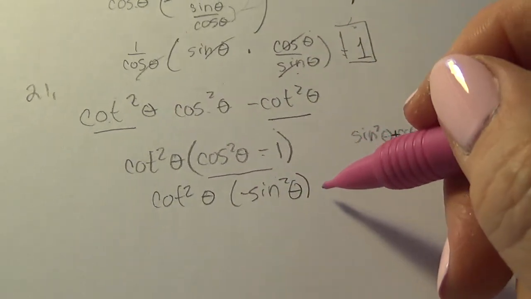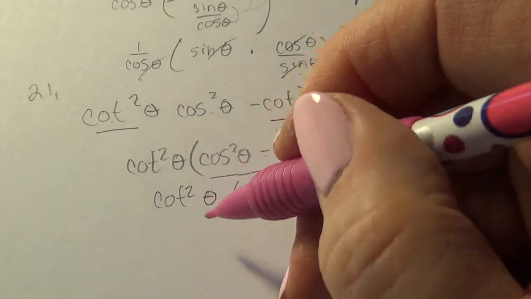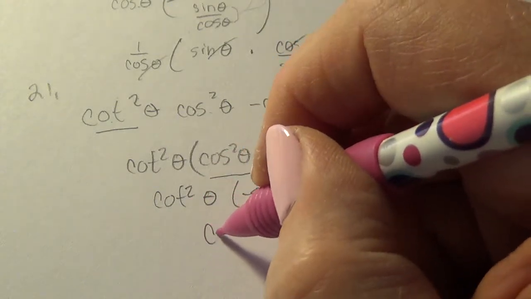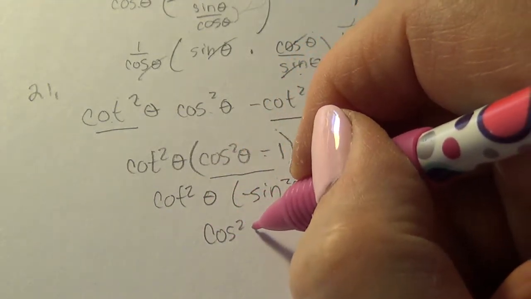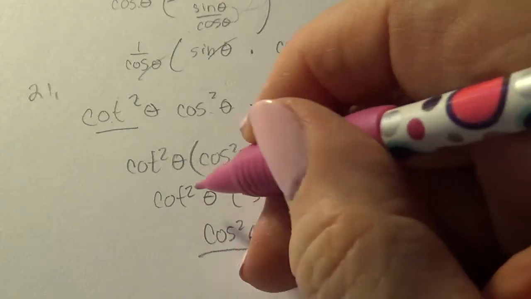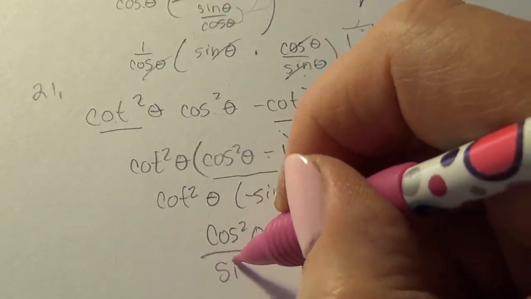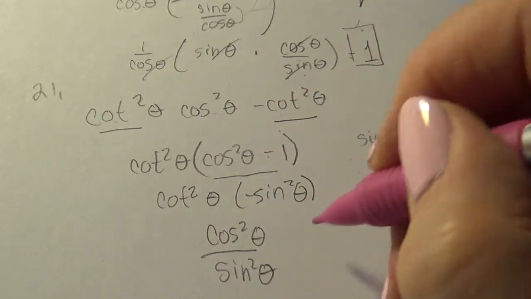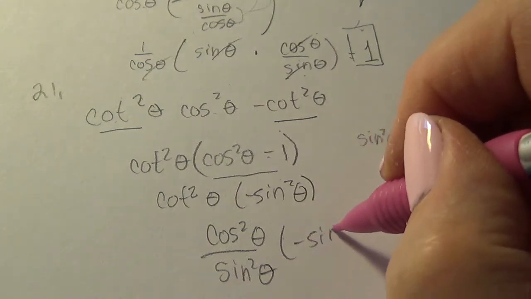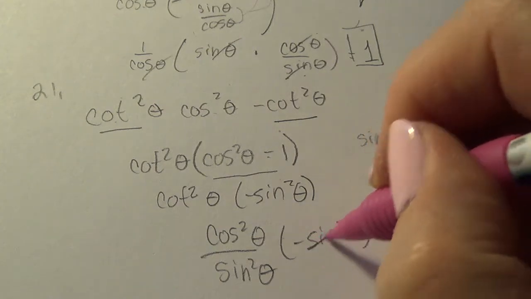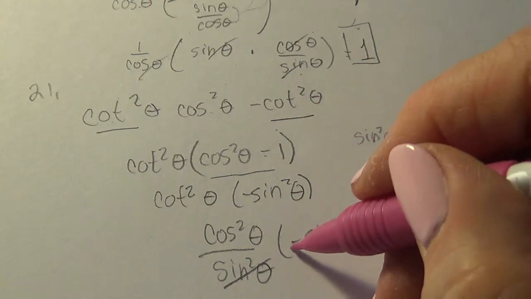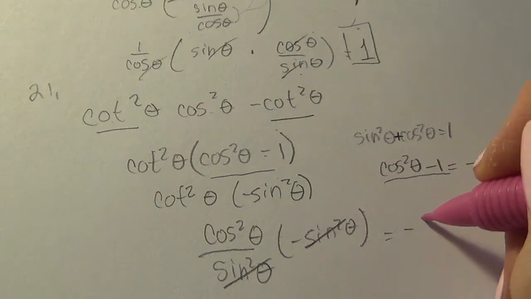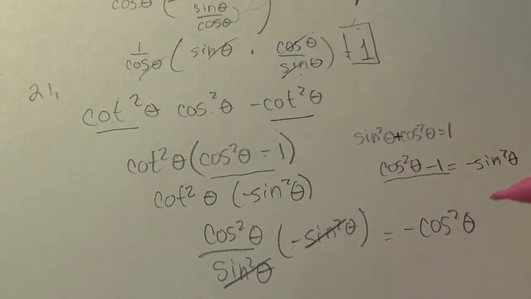So now I'm going to use the strategy, switch to sine and cosine. So I get cosine squared theta, tangent is cosine over sine, and a minus sine squared. Sine squared cancels, but this minus is still there, so I get minus cosine squared of theta.